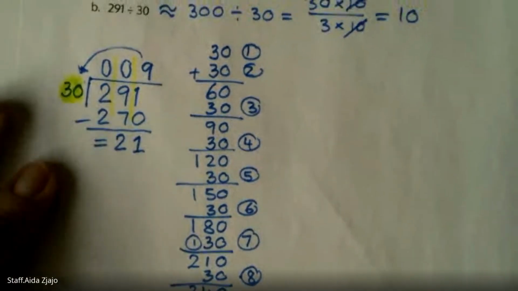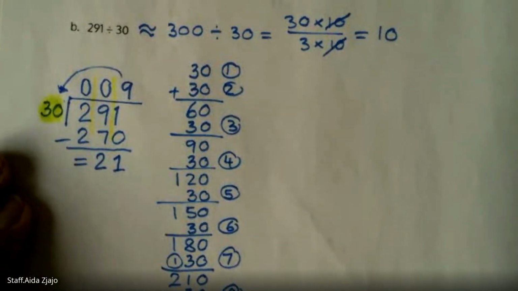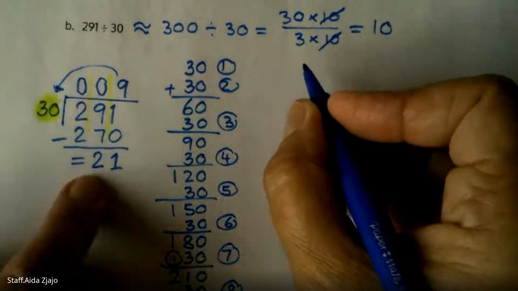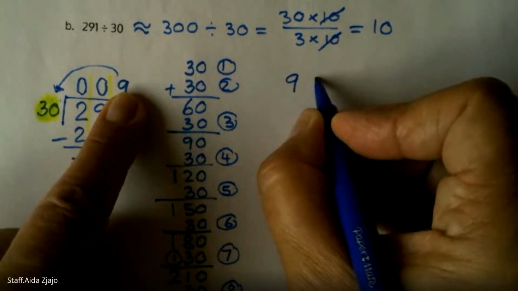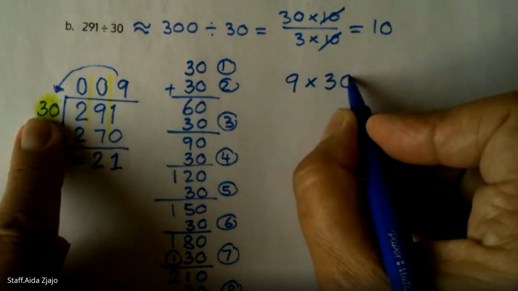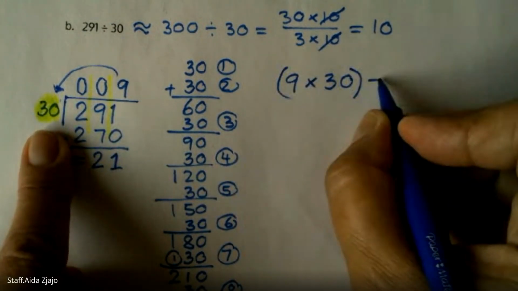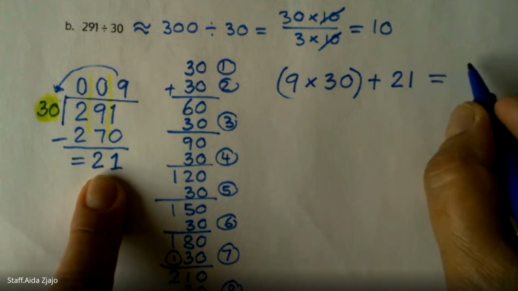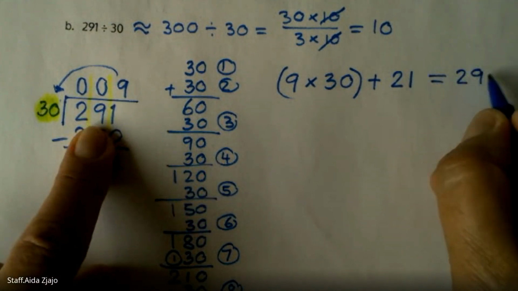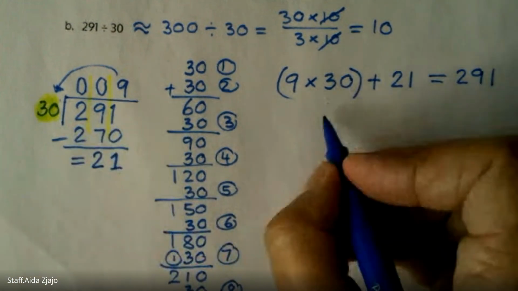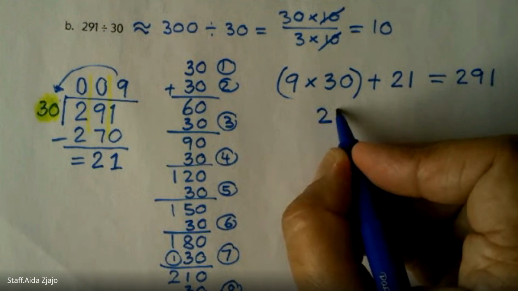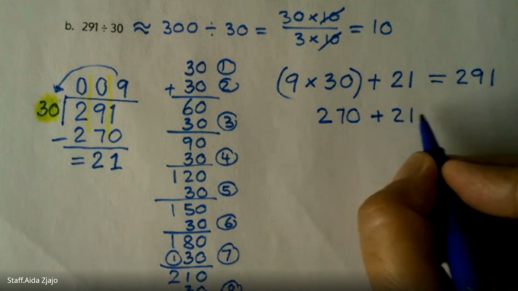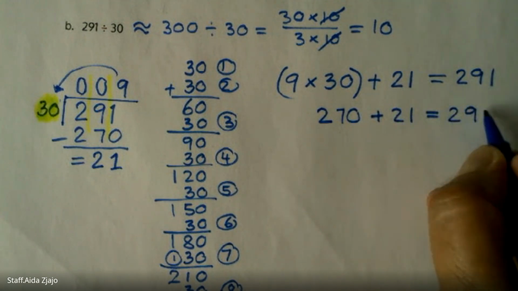When we go back and see how we can write this answer, it's 9 groups of 30, plus 21, that is the remainder, must equal 291. 9 times 3 is 27 tens, so 270 plus 21 must equal 291.